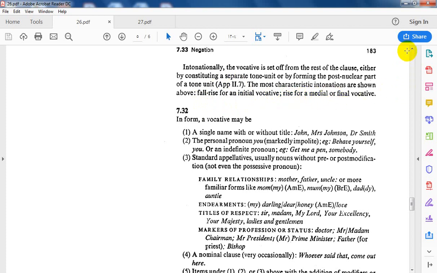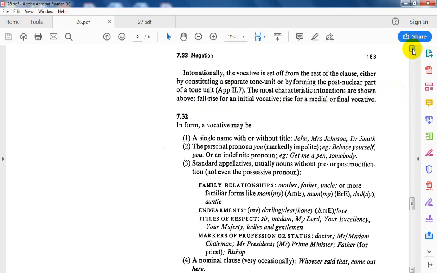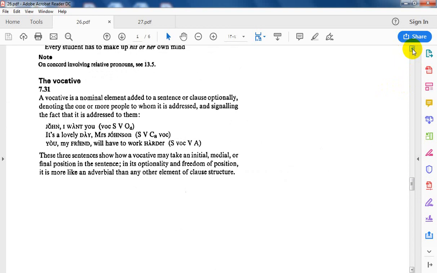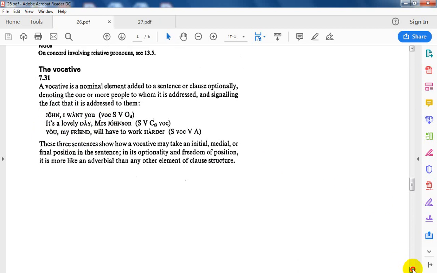Let us see our examples above. If initial position, full rise: you see John here, full rise. Mrs. Johnson and my friend are medial and final. Whether it is final or medial, it will be a rise.